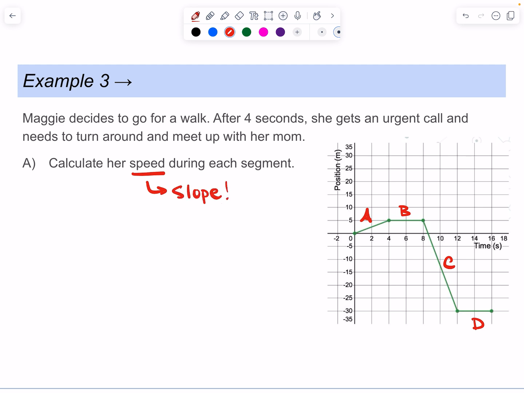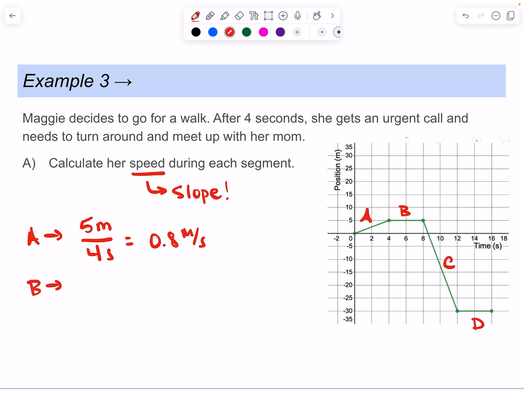So for segment A, it looks like she travels 5 meters in 4 seconds, which means she has a speed of 0.8 meters per second.